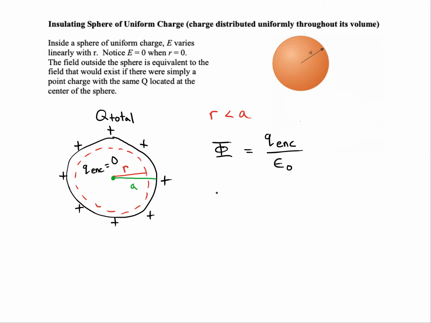With this in mind, if we replace the flux with the field times the area, it can be shown that the field is going to be zero, no matter what the area of our Gaussian sphere is.